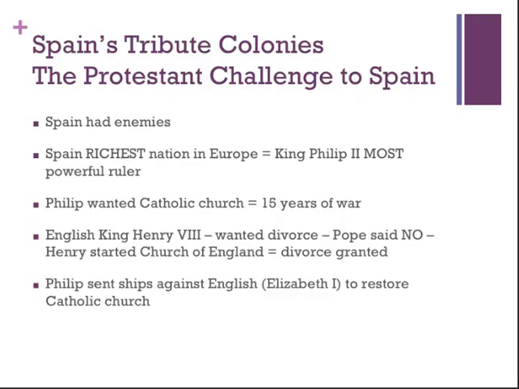Now, the Spanish explorers had some enemies, and Spain was the richest nation in Europe. King Philip II was the most powerful ruler in all of Europe, and Philip wanted the Catholic Church. So they went into this war for 15 years, and then you have King Henry VIII from England.